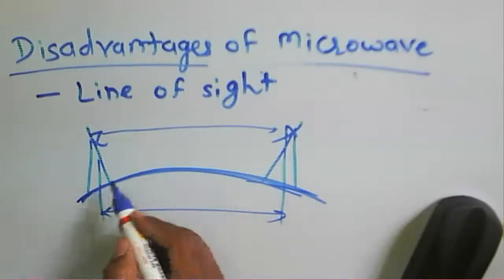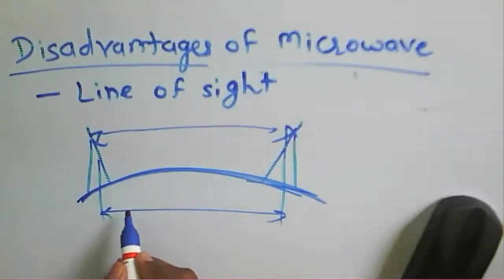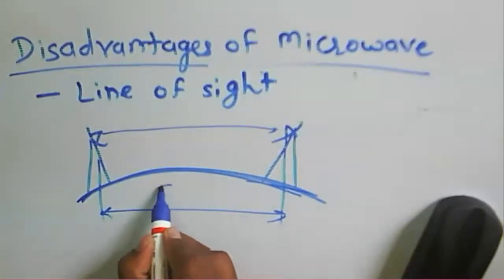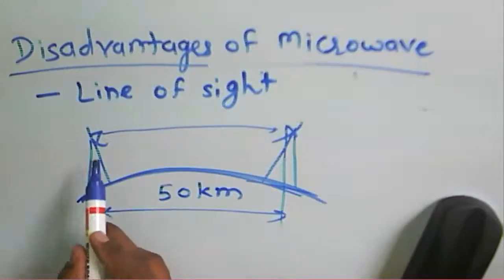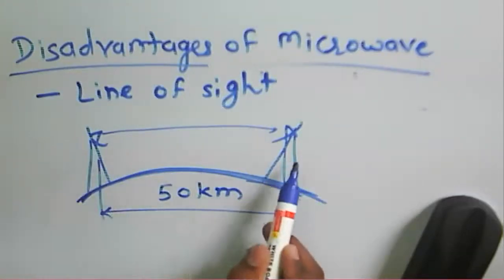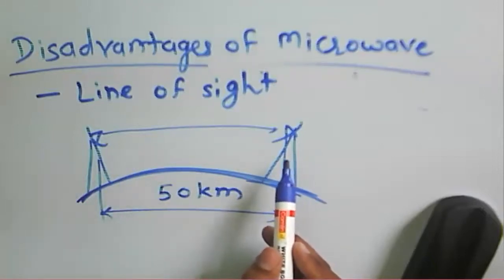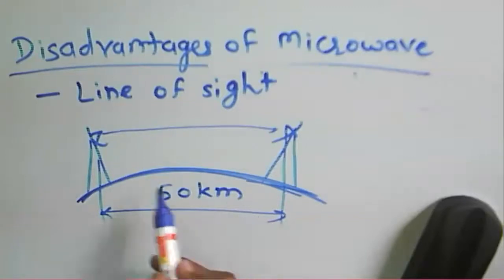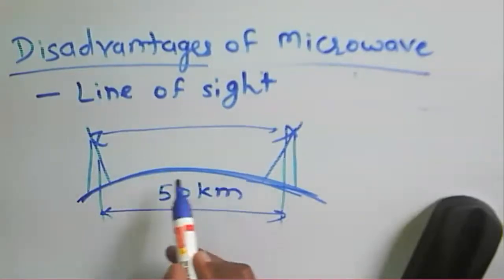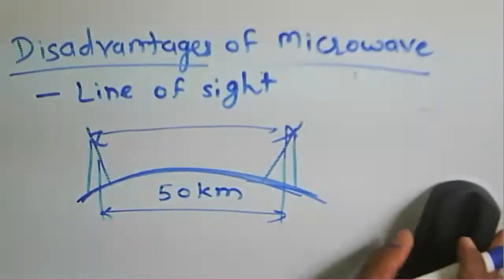Because of that curvature, we can transmit the signal not more than 50 kilometers in length. So from one antenna to another antenna, we can transmit a signal within that 50 kilometers. The two tower distance must be within a 50 kilometer radius, because of that earth curvature.